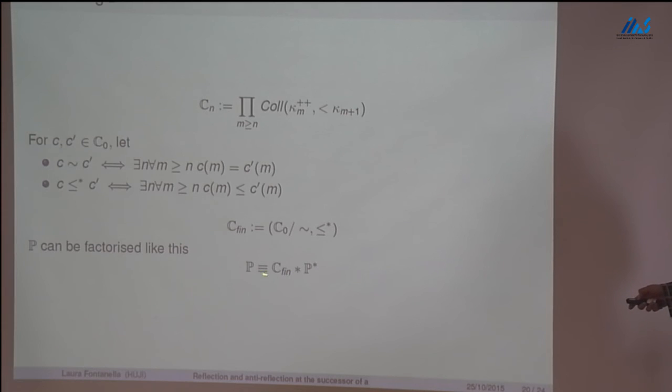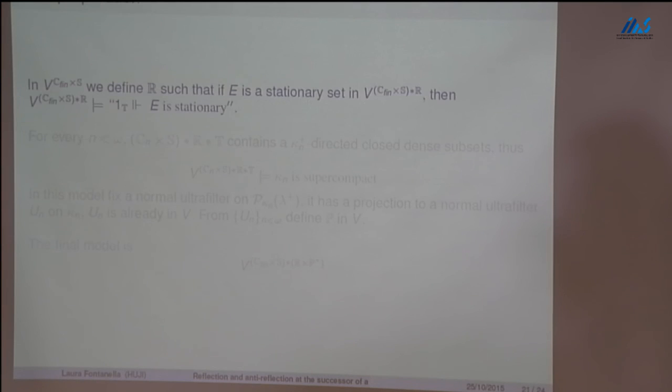So the advantage of looking at the forcing in this way is that in P star you do have the property that two conditions with the same stem are compatible, and this is important. It's very useful in the proof. So given this fact, let's see how we define the final model.